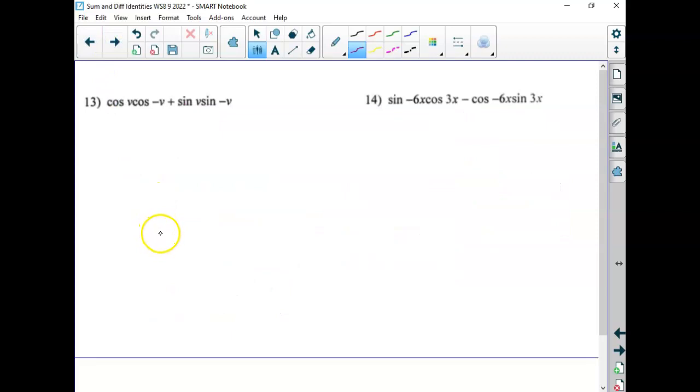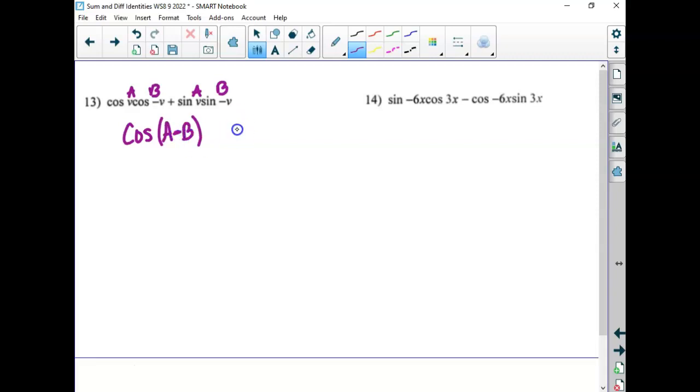Number 13. This one's got a negative again too. It's cosine times cosine. So cosine A, cosine B, plus sine A, sine B. Which one is that? Cosine of A minus B, but what is our A? V, right?